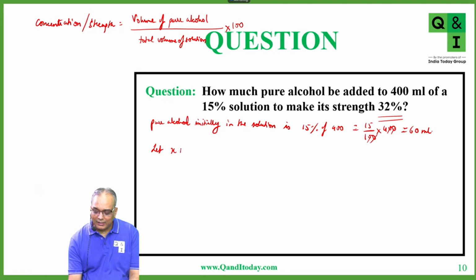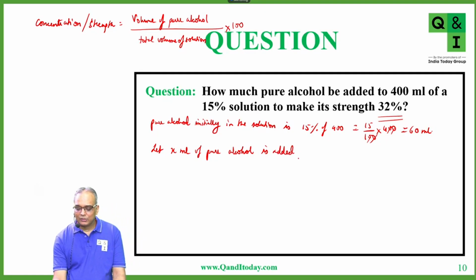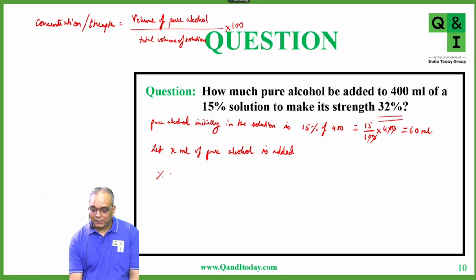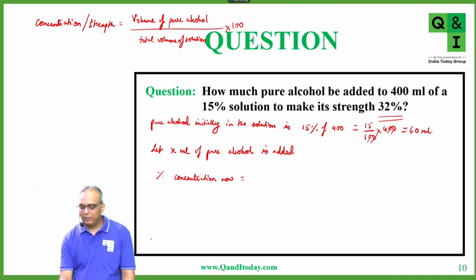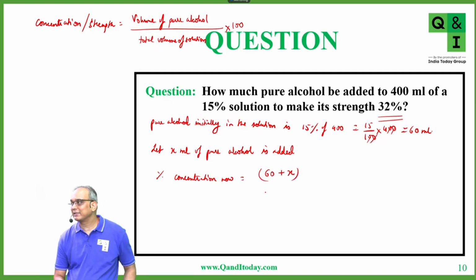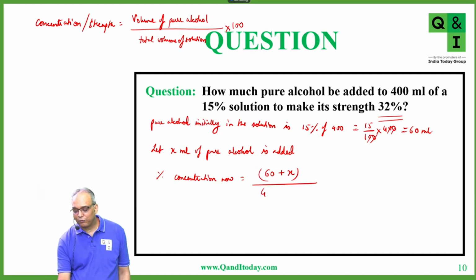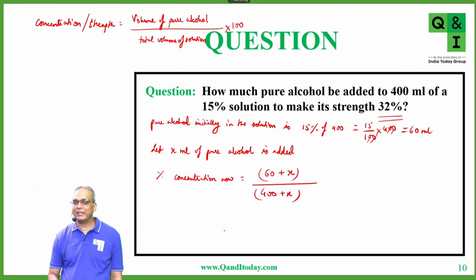Let X milliliter of pure alcohol be added. Now the percentage concentration will be: the alcohol in this will be 60 plus X, and the total volume, initially 400, plus X added, so the final total volume will be 400 plus X, into 100.